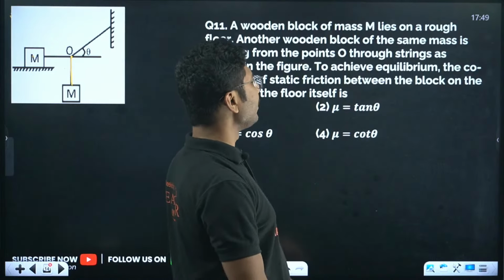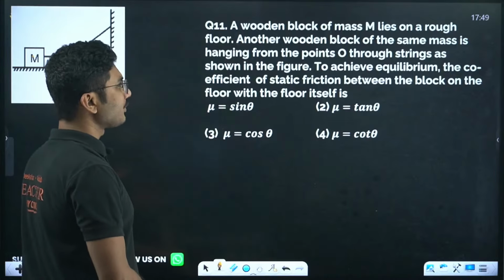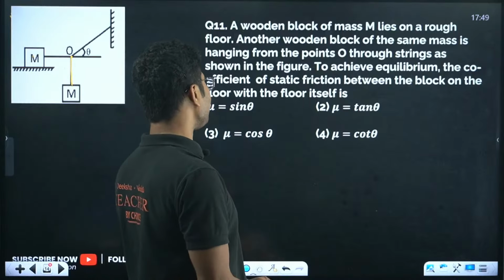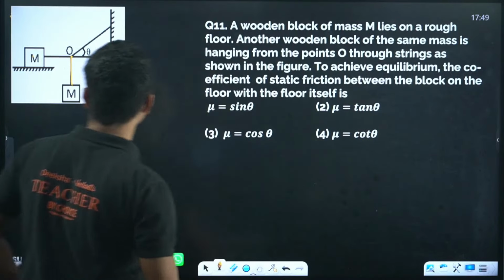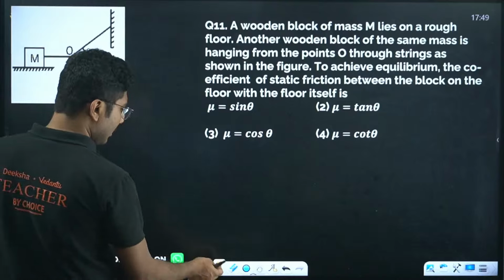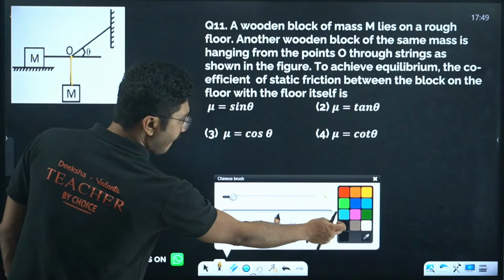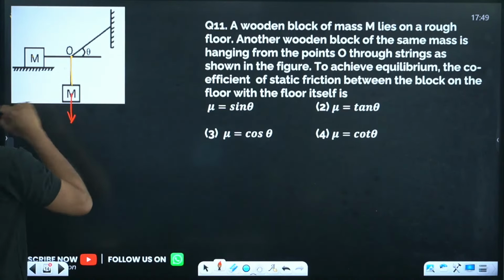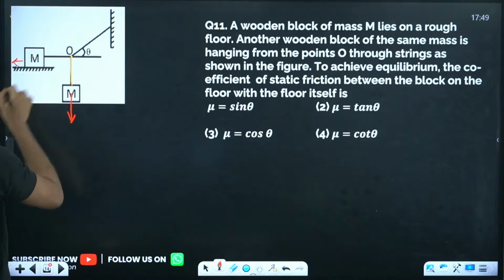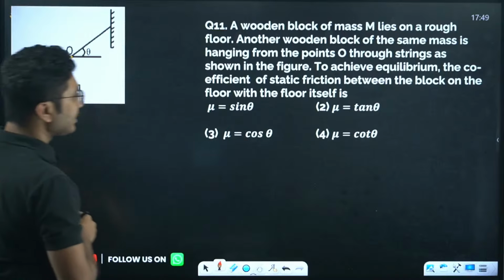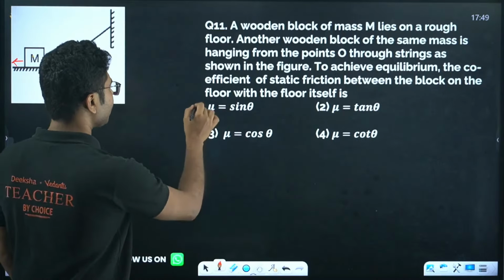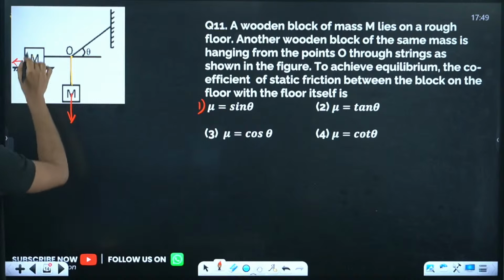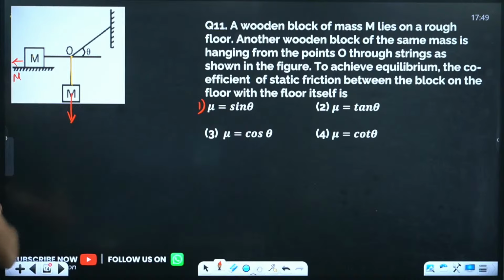To achieve equilibrium, the coefficient of static friction between the block on the floor and the floor itself is. So here we have a mass which is hanging. There is a frictional force over here, and you have to find the coefficient of friction.